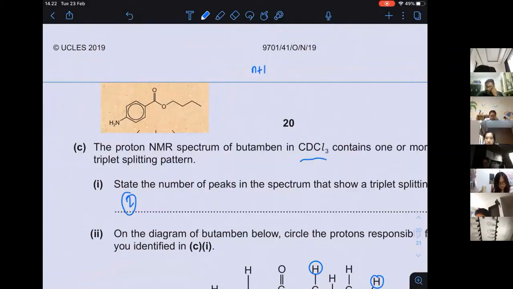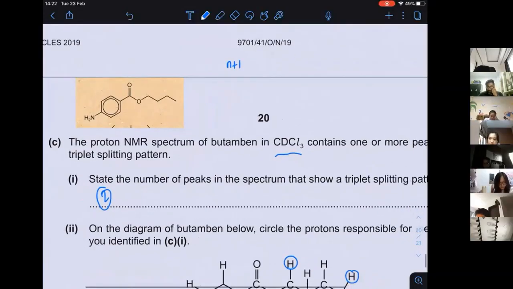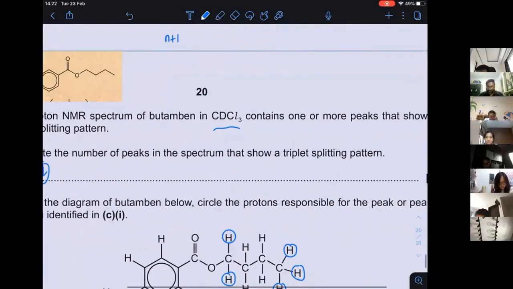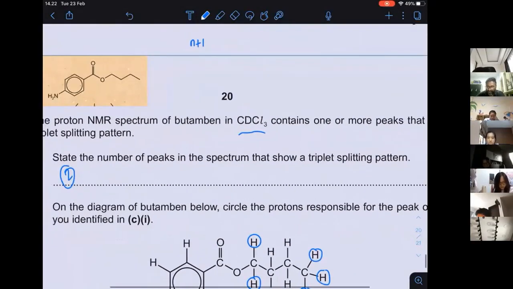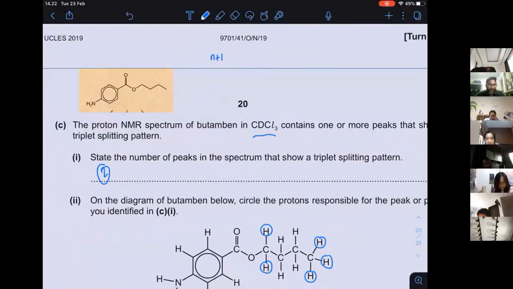So when I want to state the number of peaks in the spectrum that show a triplet splitting pattern, I need to see which hydrogen environment is bonded to a carbon that has 2 hydrogens, because triplet is 2 + 1. So I'm looking for anything that has 2 hydrogens.